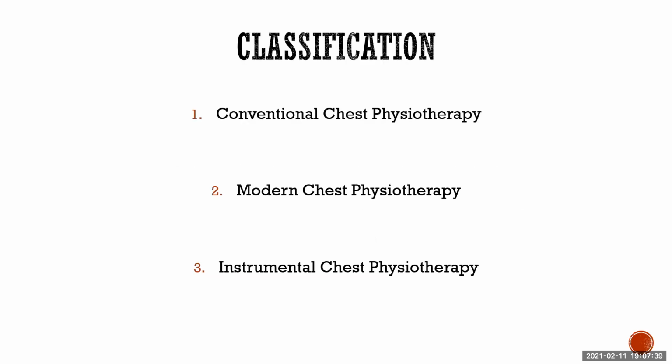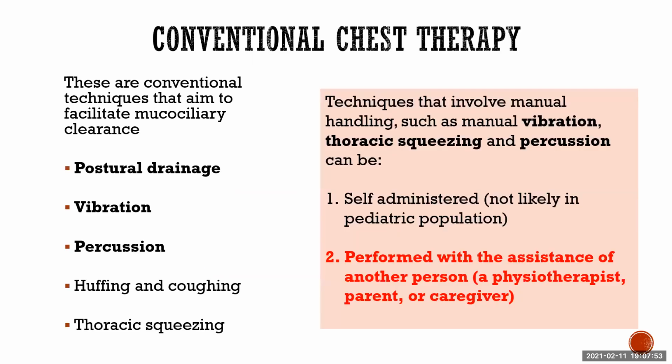We have three types of chest physiotherapy: conventional, modern, and instrumental. We will focus more on the first one, conventional chest physiotherapy. It is a set of maneuvers that we use, like I mentioned previously, to assist the removal of secretions.